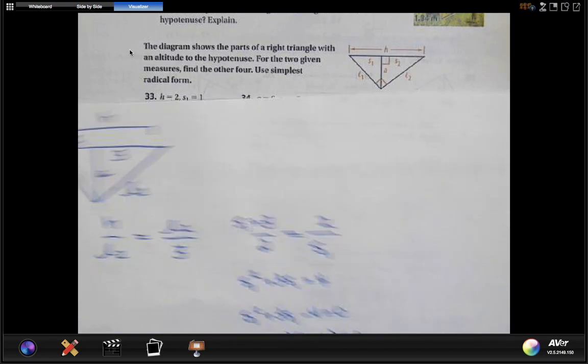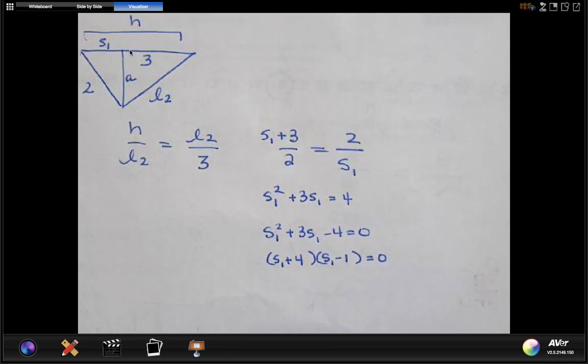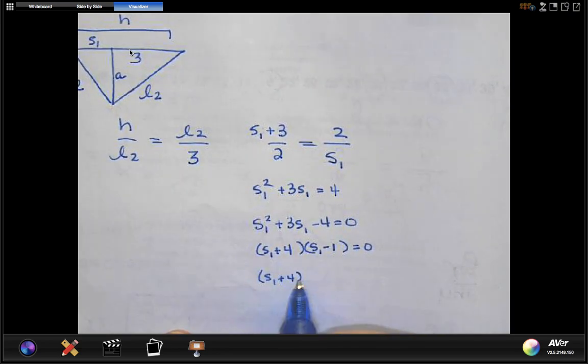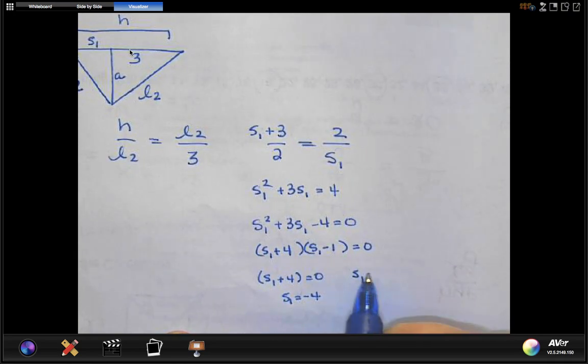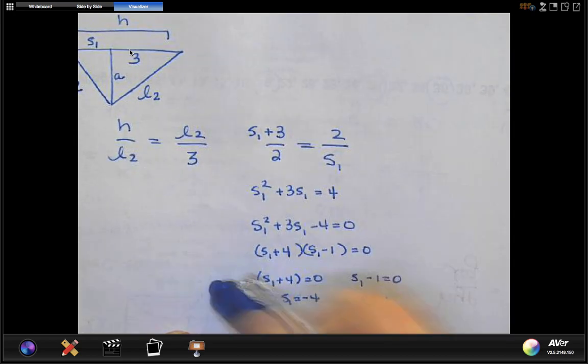So 4 times negative 1 would be negative 4. 4 plus negative 1 would be positive 3. So then I'd have S1 plus 4 equal to 0, so S1 is equal to negative 4, or S1 minus 1 is equal to 0, so S1 is equal to 1.